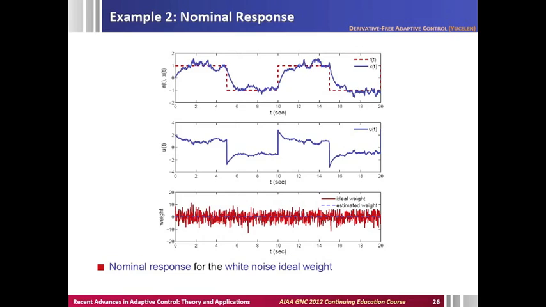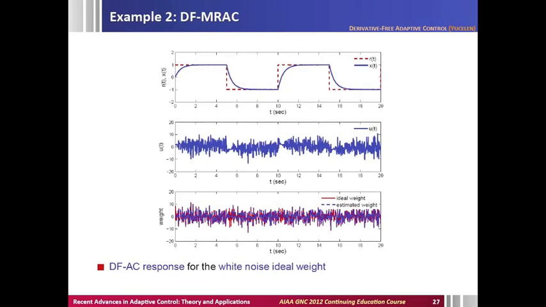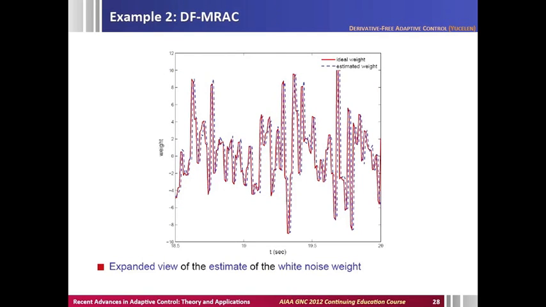So let's say my weight is behaving like this. This is the nominal response. This is what happens when we apply the derivative-free controller. Basically, all I want to illustrate is that the ideal weights are very closely estimated. This is just an expanded view of the estimate of white noise.